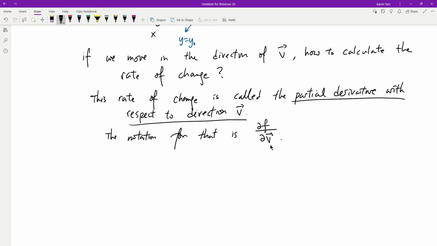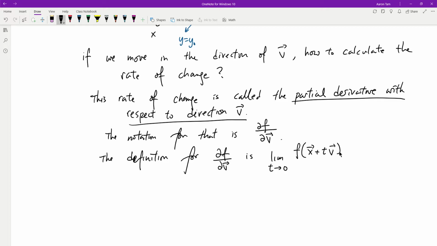So how do we actually calculate this partial derivative? The definition for df over dv is given by this expression: the limit as t approaches 0 of f of vector x plus t times vector v minus f of vector x, over t.